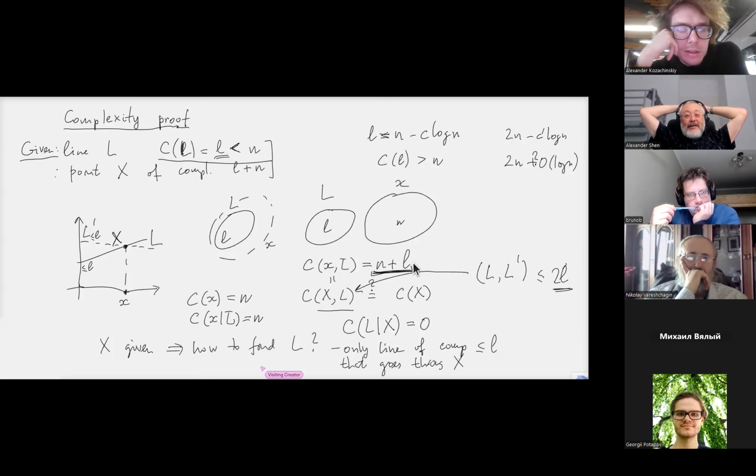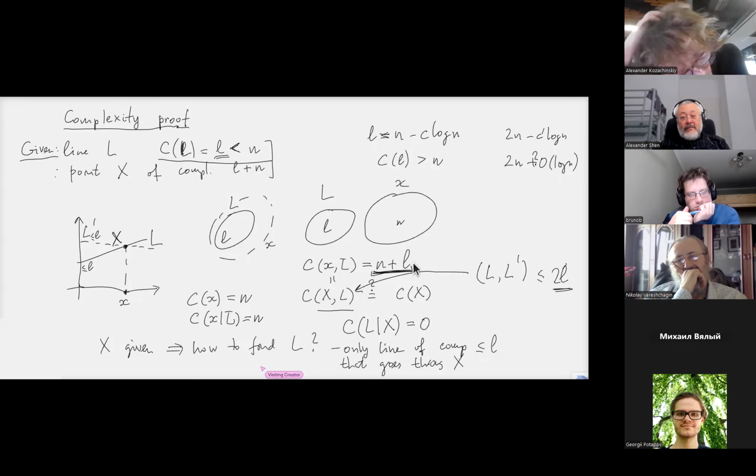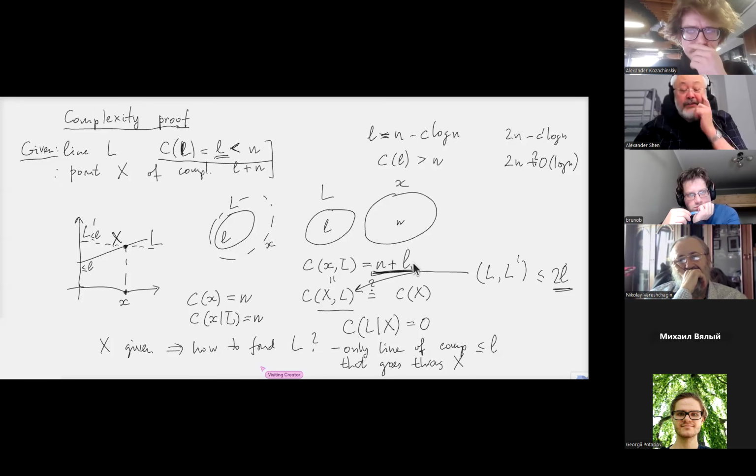Let's see. So you say probably we should take the point, the coordinate, with the maximal complexity, which is independent of L, of the line. Yeah, that's good. But then there is a problem.